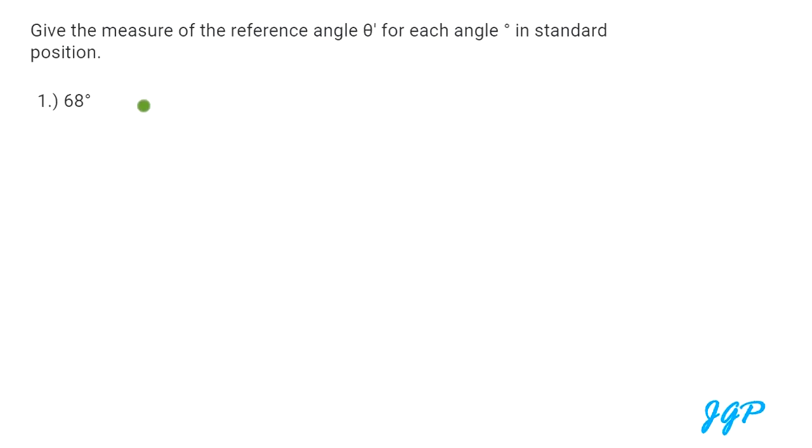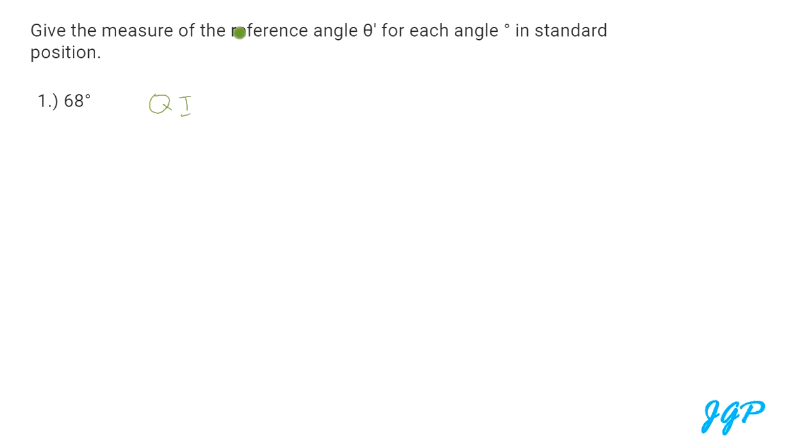Let's have an example. Give the measure of the reference angle for each angle in standard position. So, number 1, we have 68 degrees. For first step, find the location of your angle. So, we have 68 degrees. And we know that 68 degrees is an acute angle and this one is located in quadrant 1.